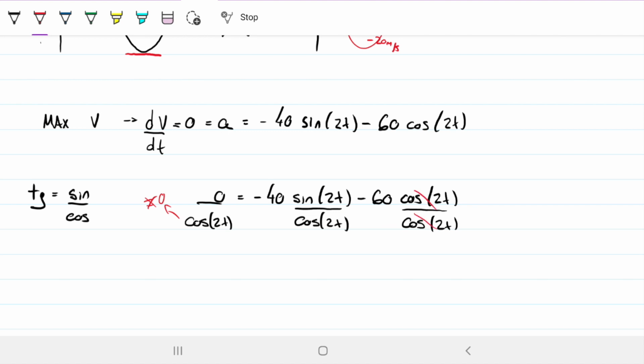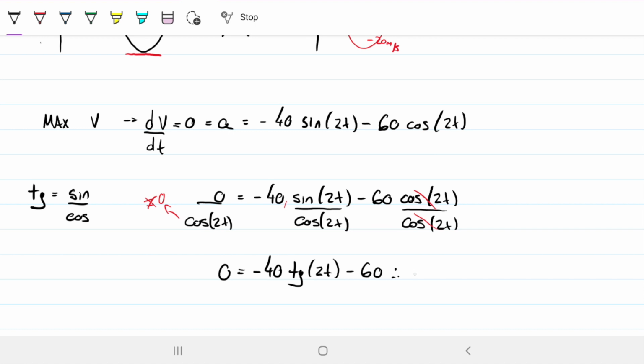Okay, we get rid of that, and then this becomes a tangent. So in other words, I'm going to get minus, let's just keep it consistent, 0 equals minus 40 tangent of 2t minus 60.